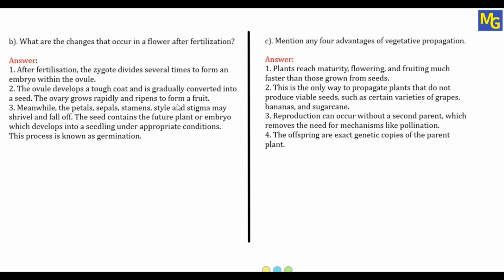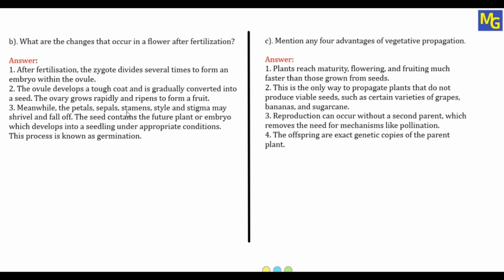But beside the hard coat, there will be one fleshy fruit-like material, and that is the ovary. Meanwhile, the petals, sepals, stamens, style and stigma may shrivel and fall off. Means when this ovary becomes fruit and ovule becomes seed, petals and sepals will not have any work. These all do their work till fertilization, and therefore once the ovary is converting into fruit and ovule is converting into seed, these all will fall off.